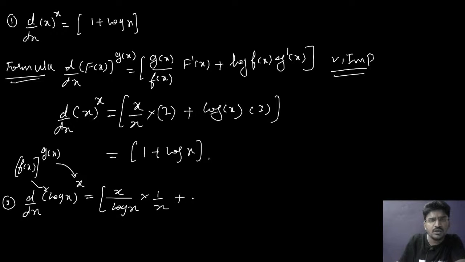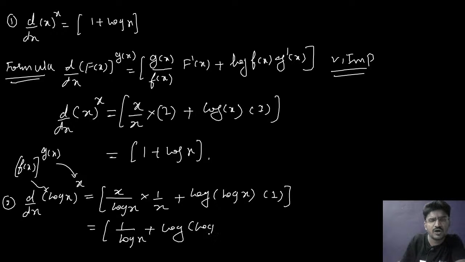Now plus log of f of x, that is log x, times g dash of x, that means 1. So this will be the answer: 1 by log x plus log of log x.